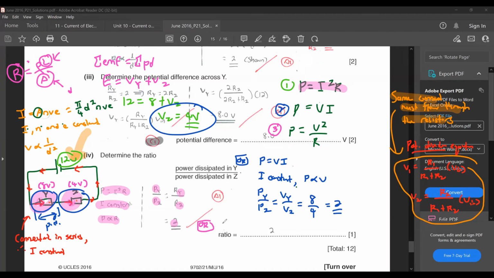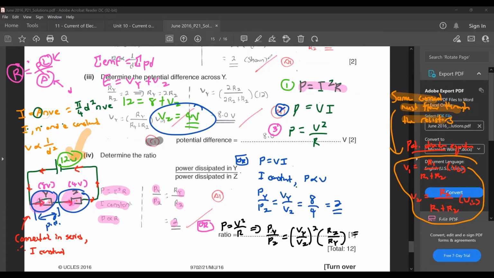This one will be P equals V squared over R. You could actually get this as Py over Pz equals Vy over Vz squared, and then Rz over Ry. This one is the most complicated one.